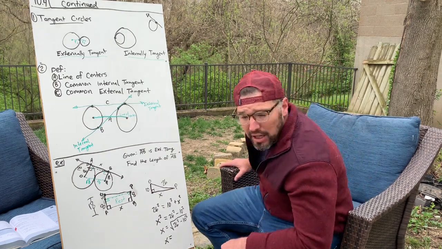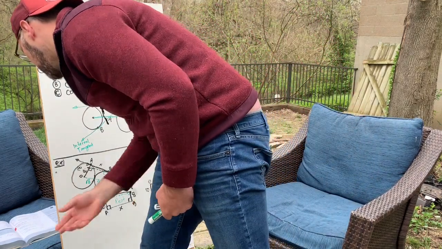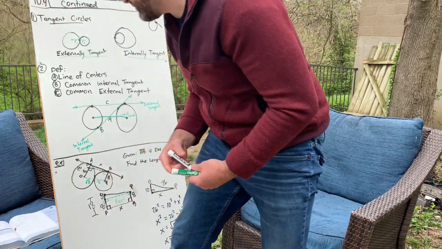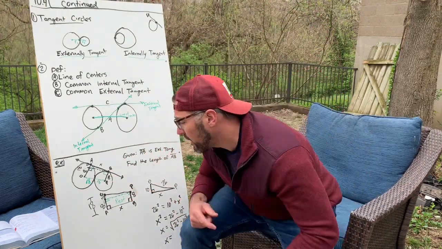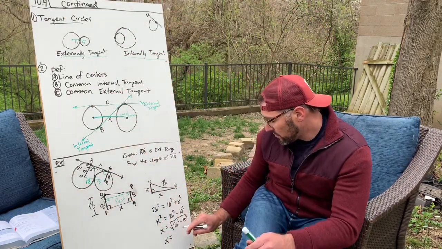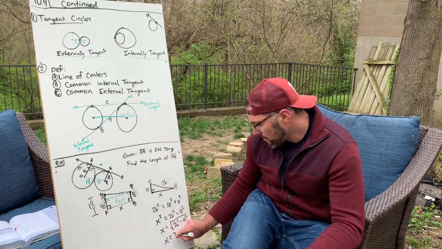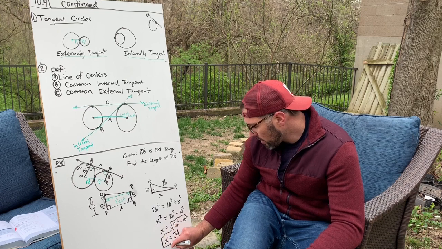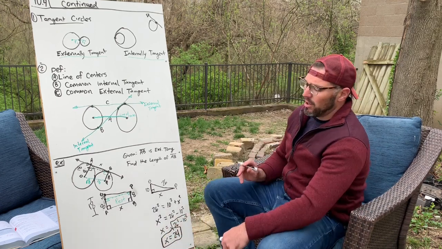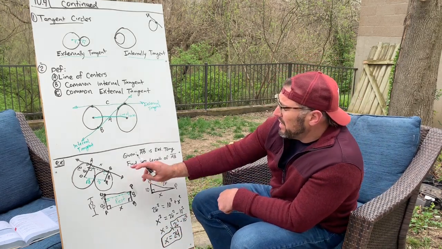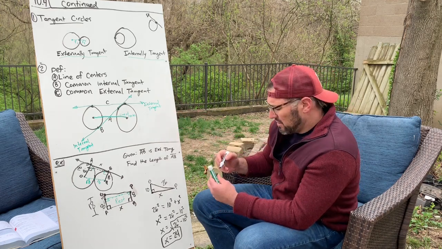I don't have my calculator out here, so let me just look to see what the answer is. Yes, if you did all that work, you would find that x is 24. This is an example problem that uses a common external tangent.